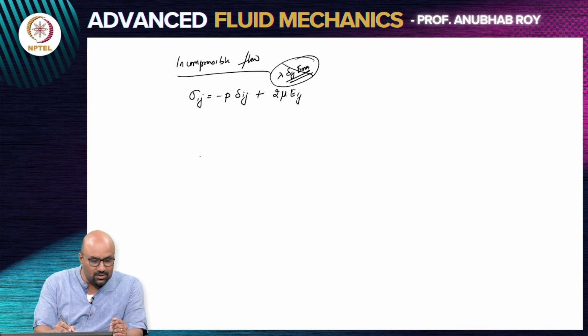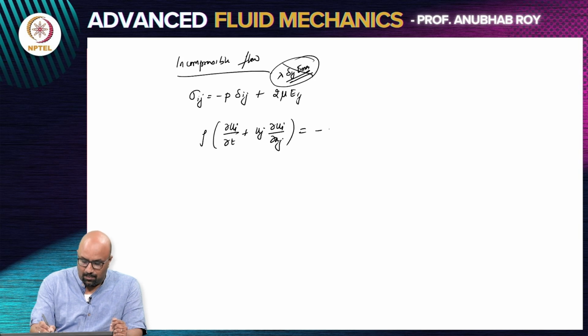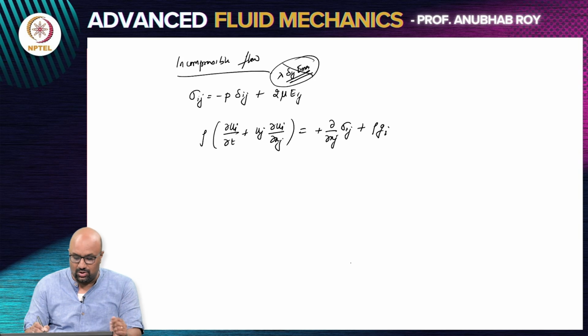Now, if you substitute it into your equation, your equation was rho times dou ui dou t plus uj dou ui dou xj is equal to dou xj of sigma ij plus some body force rho gi.